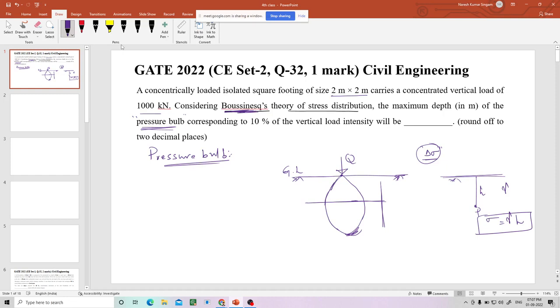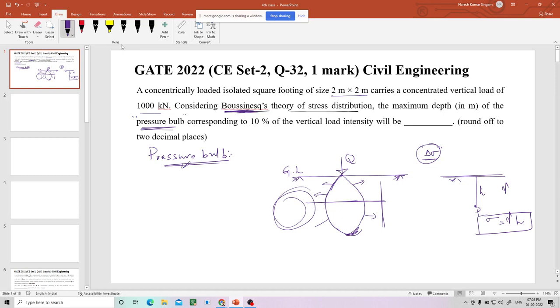Beyond this area, the increment in the stress is not significant, you can neglect that. This is in the shape of a bulb and contains the incremental stress due to this Q. That is the reason why the area which is subjected to the incremental stress due to this applied load is called the pressure bulb.